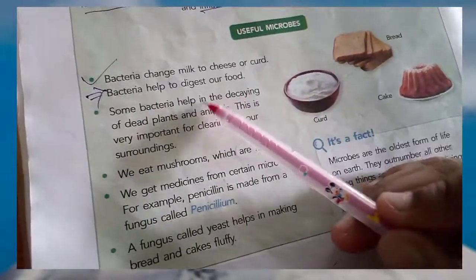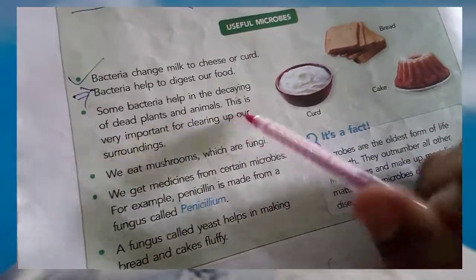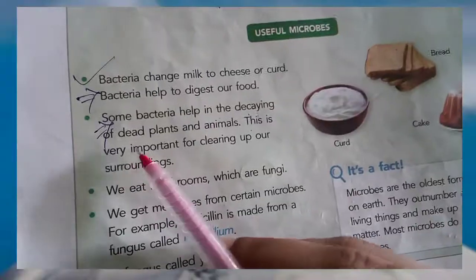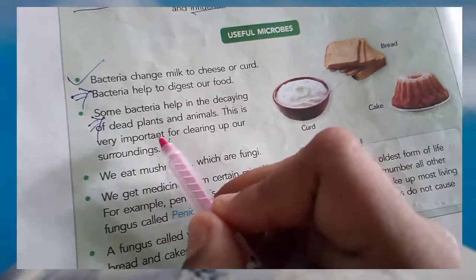Some bacteria help in the decaying of dead plants and animals. Now what do some bacteria do? You have to write that some bacteria help in the decaying of dead plants and animals. This is very important, okay?